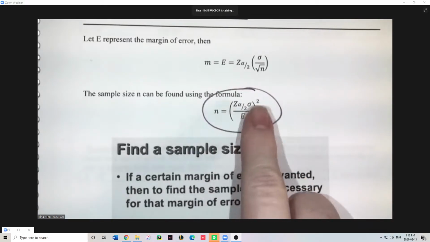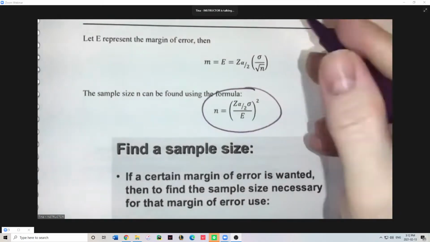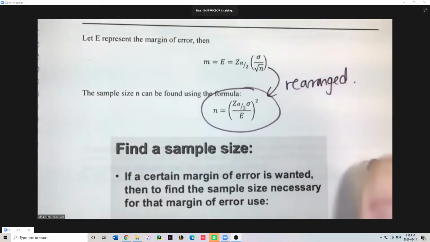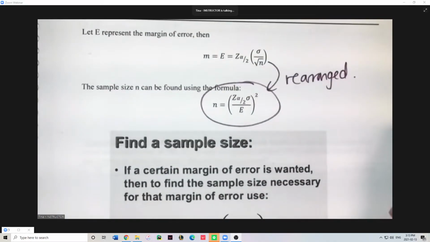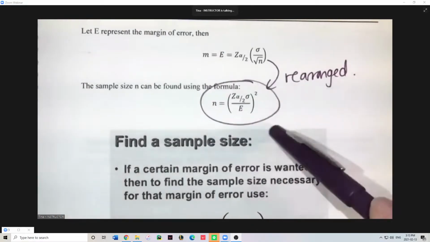So critical Z times sigma over the error, all squared. And that's just this formula rearranged. So they do tend to give you this on the exam, so you can check your formula sheet that's on your OWL to make sure it's on there. But it does tend to be given to you every year.